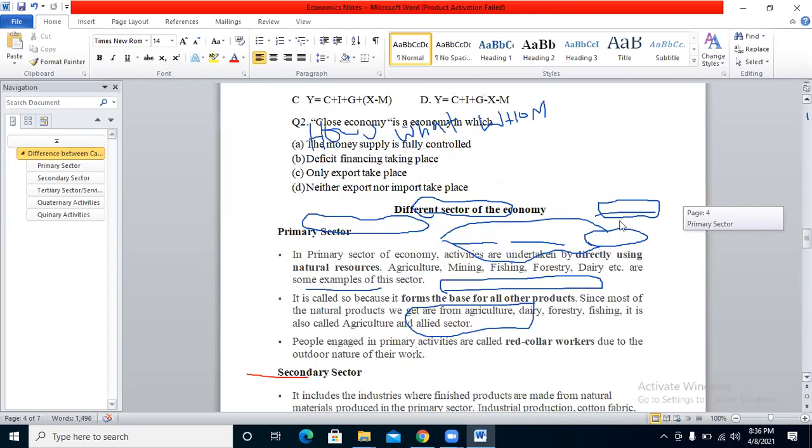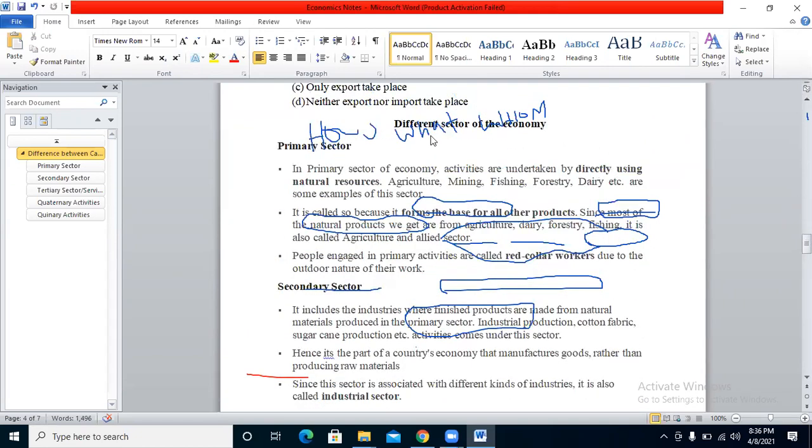Now, the different sectors of the economy. I already gave a brief idea about the different sectors of the economy in the last class: the primary sector, secondary sector, and service sector. So, what is the major content involved in the primary sector? Basically, primary sector activities include the direct use of natural resources, the first-hand use of resources.